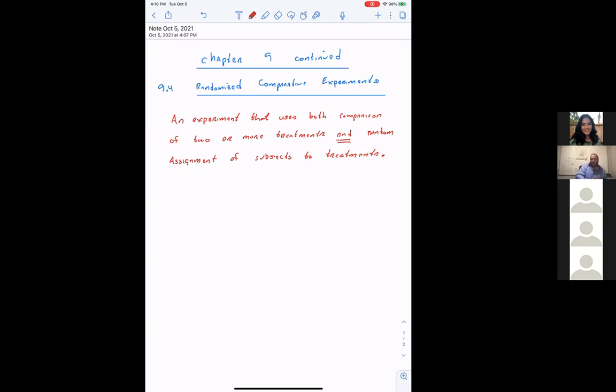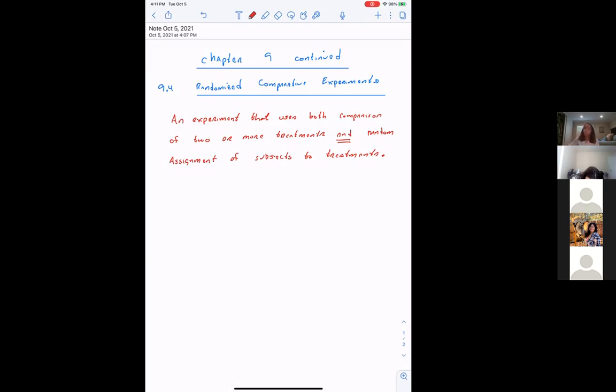So what's an example of a randomized comparative experiment? Well, there's lots of them, of course, but pretty much anything that the FDA does. When the FDA is testing, or if anyone's testing a new drug and they wonder if the drug is working or not, what do you do? You assign the drug to a group, and then you assign a placebo to a control group.